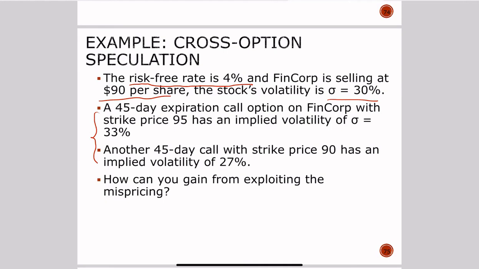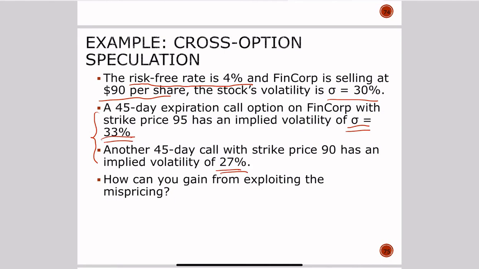Now, how can you make money from this observation? First, you can see that there is some mispricing here. Why? The reason is because these two calls have the same expiration, but they have different implied volatility, right?